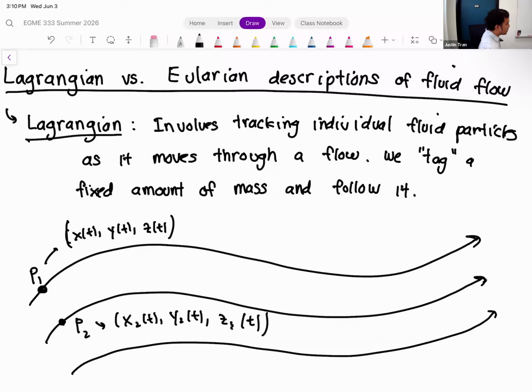There are certain engineering applications where you are interested in individual particles, and there are ways to track that. There's an experimental technique called particle image velocimetry, PIV, which is a very popular technique. But in general, for most fluid applications, we don't use the Lagrangian description.